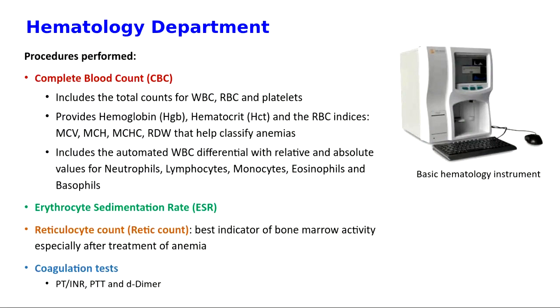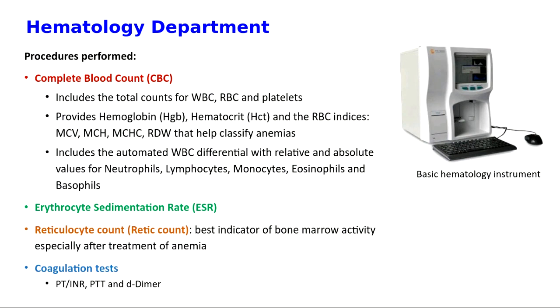Are the red blood cells too big? Are they too small? Do they have too much hemoglobin, or do they not have enough hemoglobin? And it also gives us some characteristics about platelets, whether they are functioning correctly or not. So the CBC is great for very specific information about those blood cells that are made in the bone marrow.